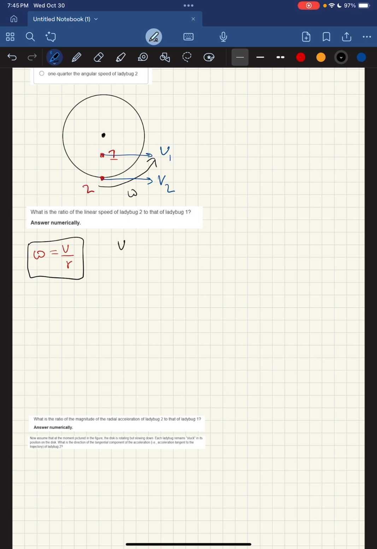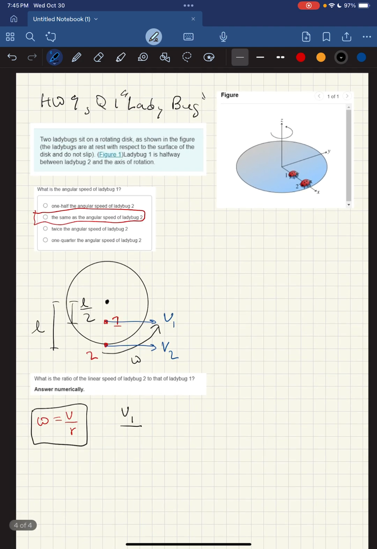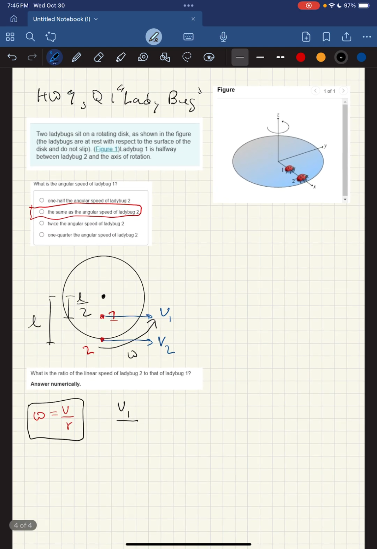So v1 over r1: if we assume this entire length is L, then the length from the center to ladybug 1 is L over 2, because the problem says that ladybug 1 is halfway between ladybug 2 and the axis of rotation.